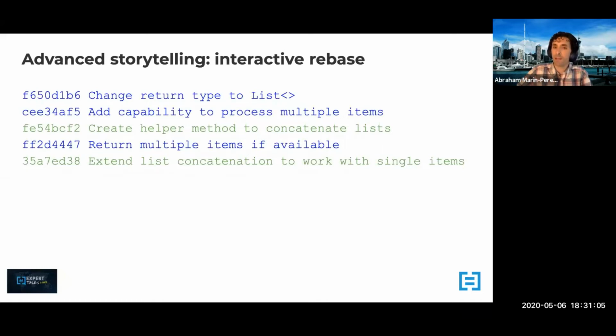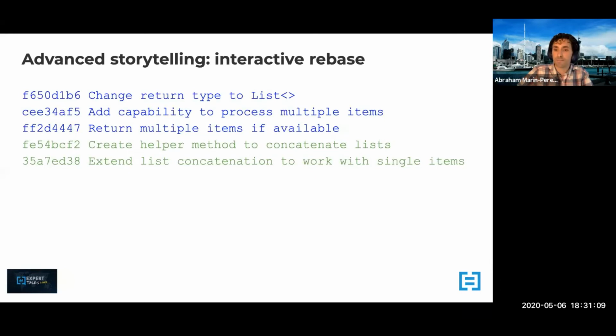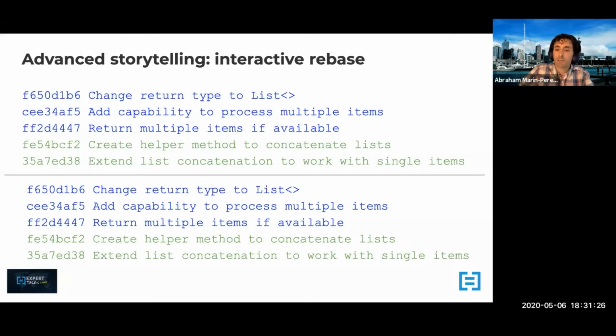So one of the many things that the interactive rebase allows me to do is change the order of commits. So in this case, I can just swap the third one and the fourth one, and then suddenly I have all my blue ones first and all my green ones after. And now I can create another branch that is just a copy of this one. So I have the same history in two different places.